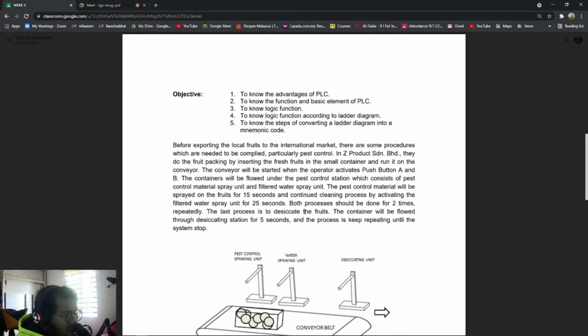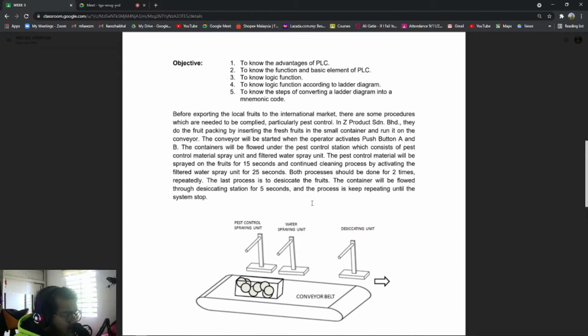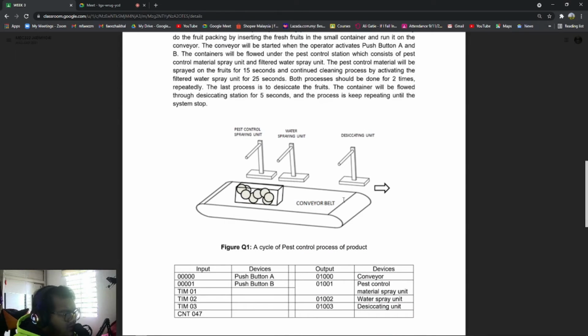Both processes should be done 2 times repeatedly. The last process is to dry the fruits. The container will flow through the desiccating station for 5 seconds, and the process keeps repeating until the system stops. So this is the pest control cycle of the product.